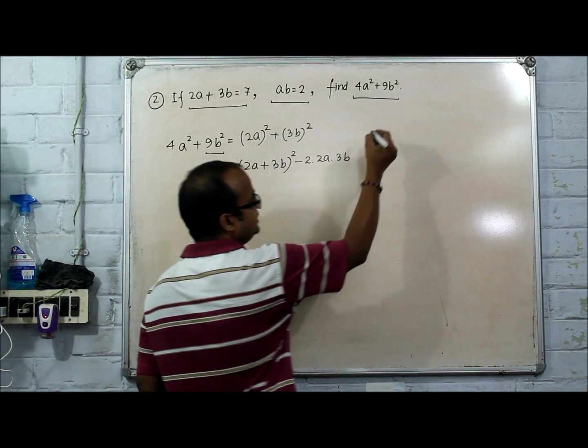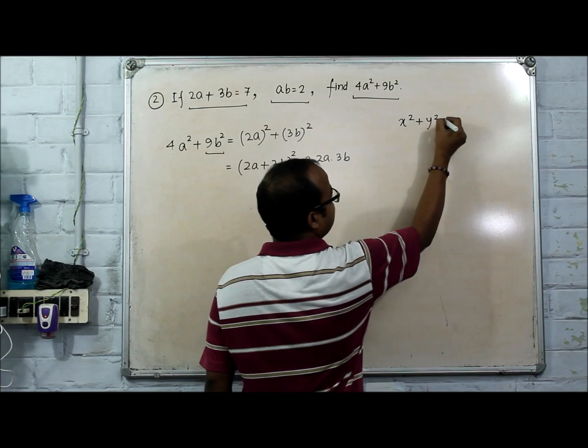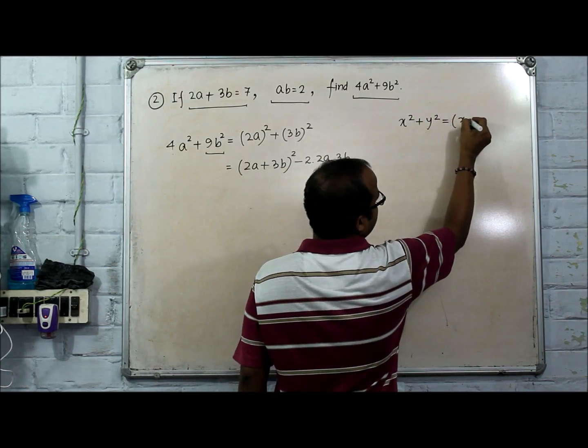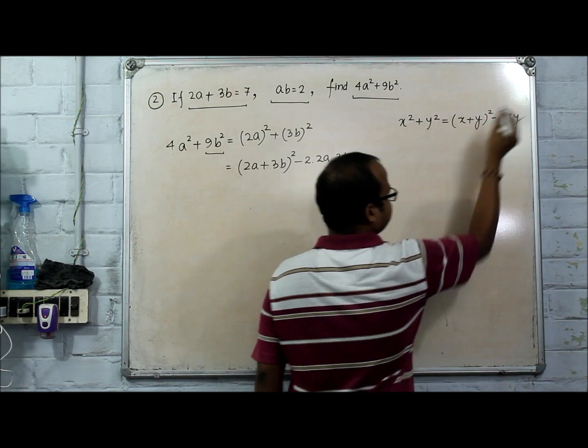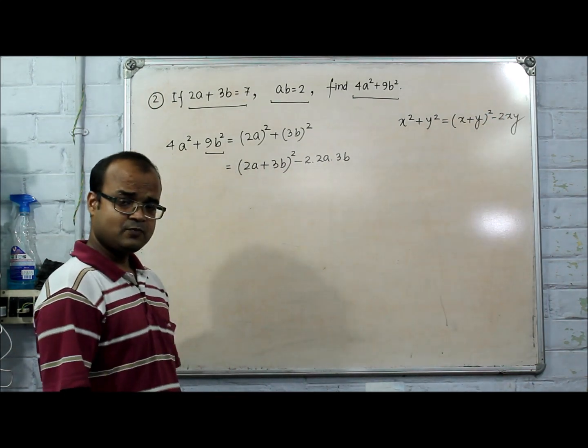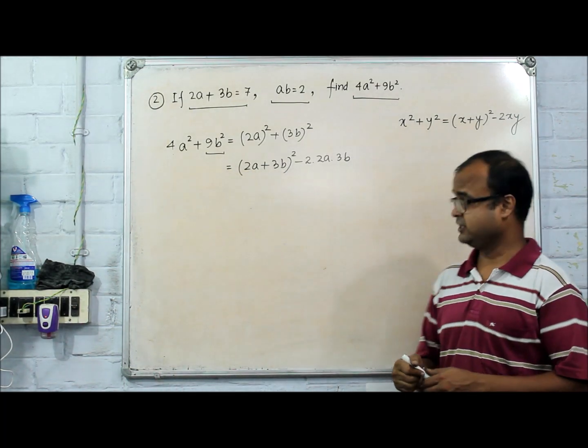See, suppose x square plus y square formula is x plus y whole square minus 2xy. Clear?